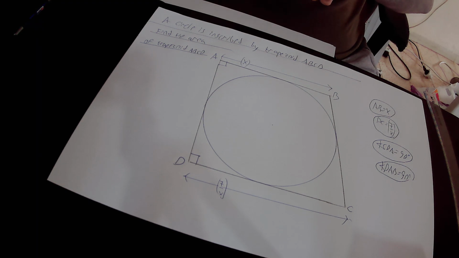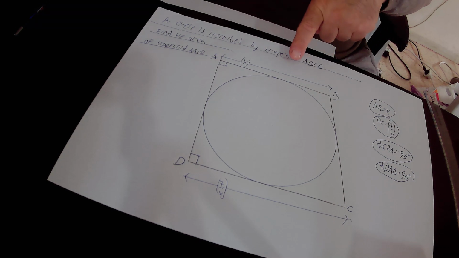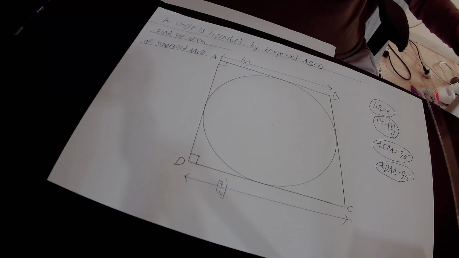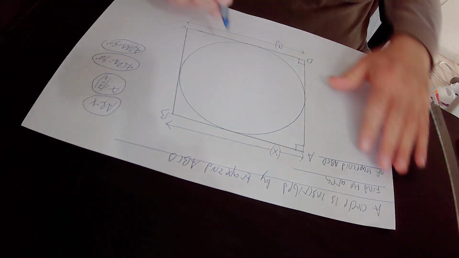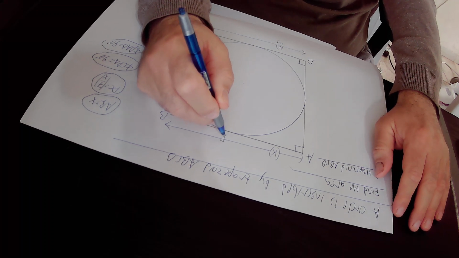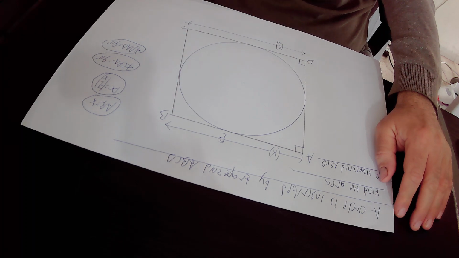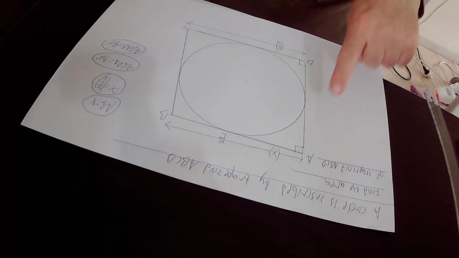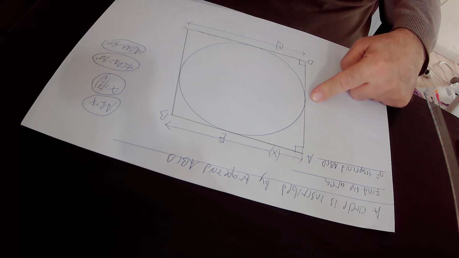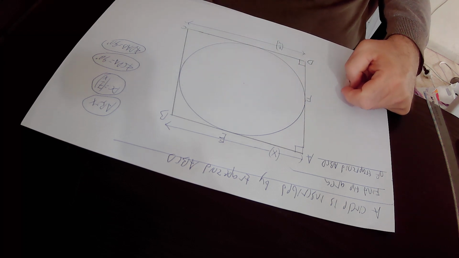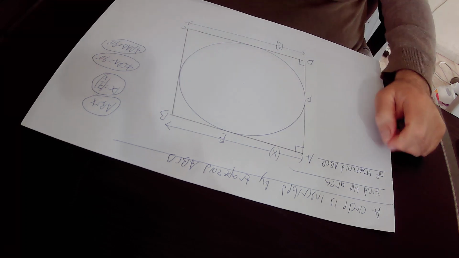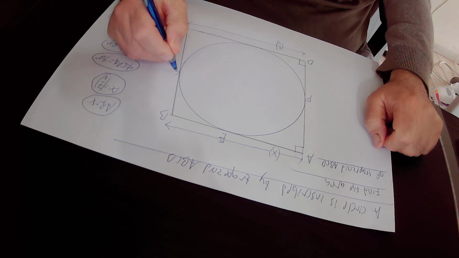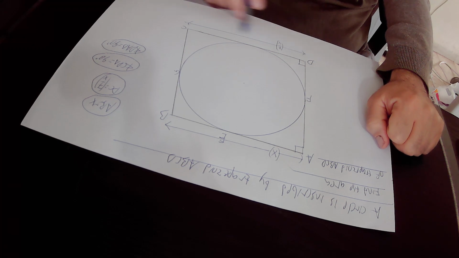We define the point of tangency of side AB with this circle, this point E. We define the point of tangency of side AD with this circle, this point as F. We define the point of tangency of side BC of the trapezoid with this circle, this point as G. And finally, we define the point of tangency of side DC with this circle, this point as H.